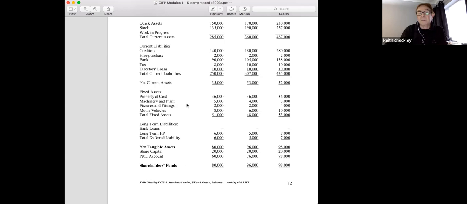So there's the current assets, 285, plus the fixed assets at 51. So we've got total assets, if you want to write that down, of $336,000 in year one in the clothing imports balance sheet. And then what we're looking for is the total liabilities, so we can take that figure away from the total assets to give us what the actual net worth is.